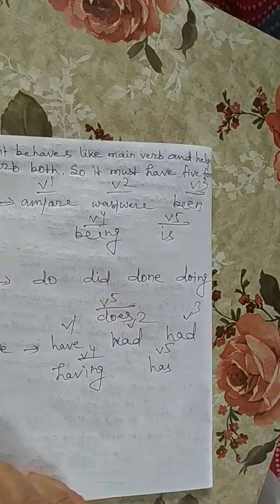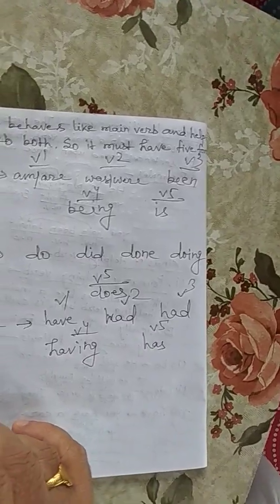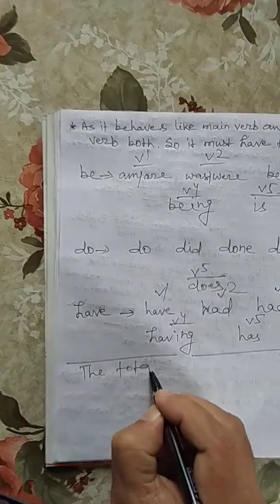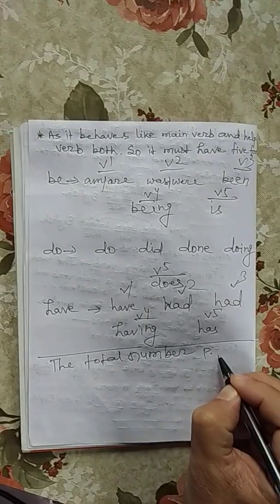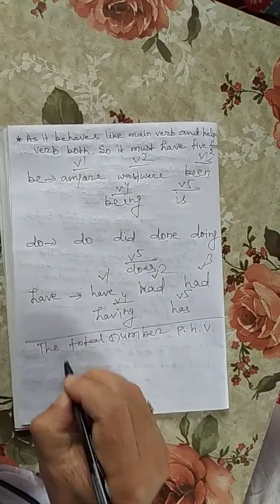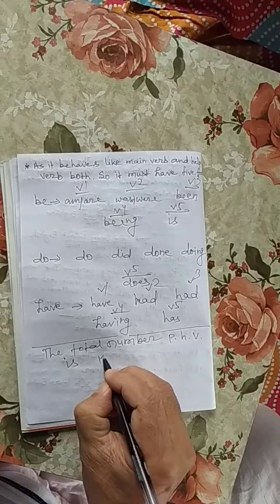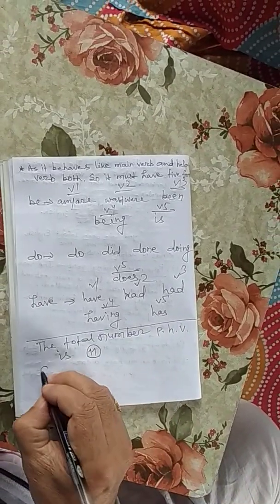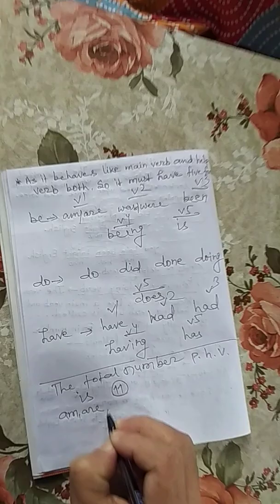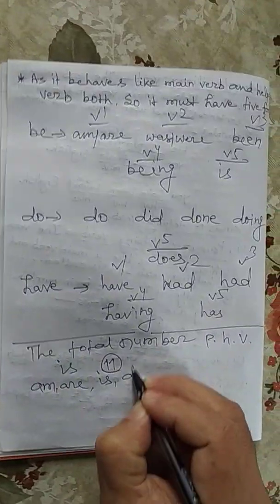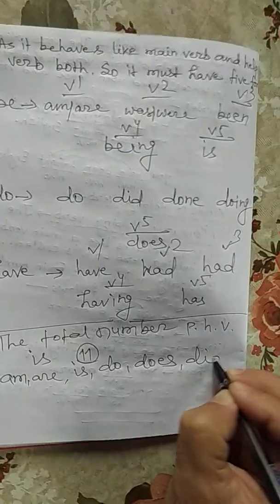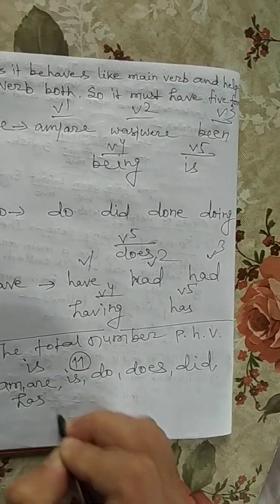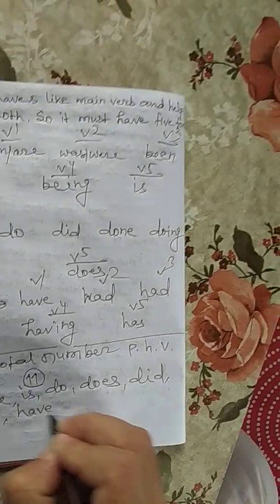So we can say that the total number of primary helping verbs is 11 and these 11 are am, are, is, do, does, did, has, have and had.